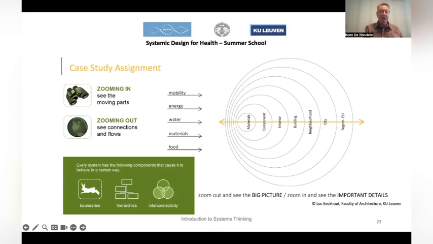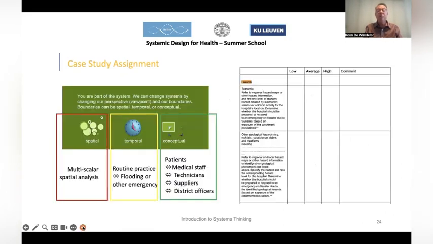You will take into account mobility, energy, water, materials, food. All these are required in order to collect a checklist that establishes how well your primary healthcare center is equipped to work in normal circumstances or in circumstances of emergency.